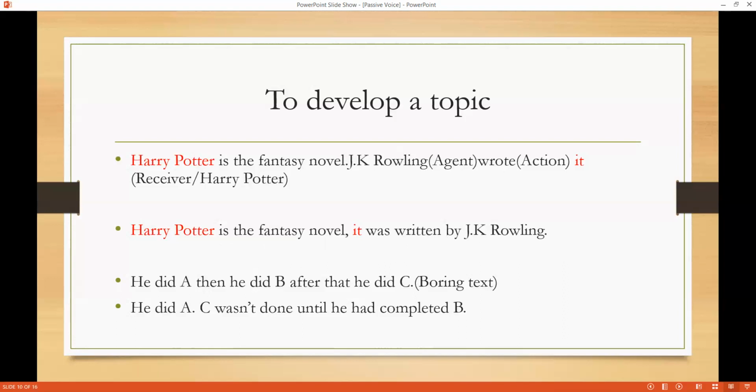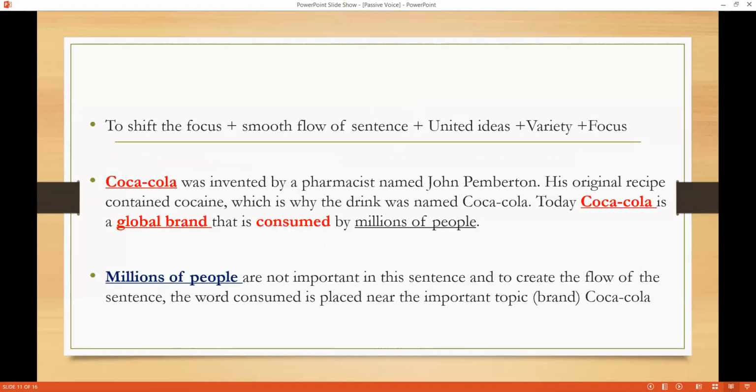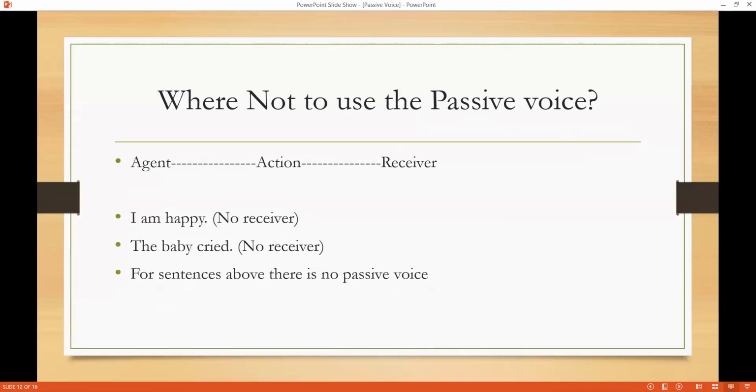All right, before we end this lesson, I want to tell you quickly where not to use the passive voice. Now, we saw these four situations where we have preferred the passive voice, but in some cases, you can only use the active voice. You cannot use the passive voice. Remember that the agent-receiver relationship is very important for passive sentences, but some sentences have no receivers.